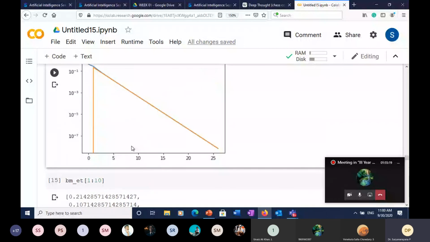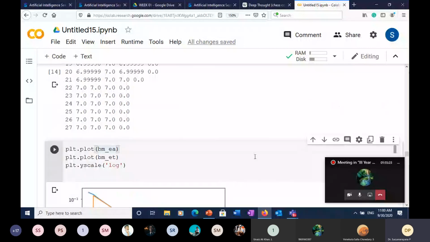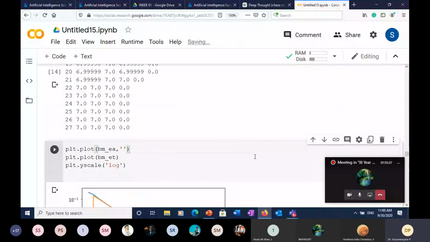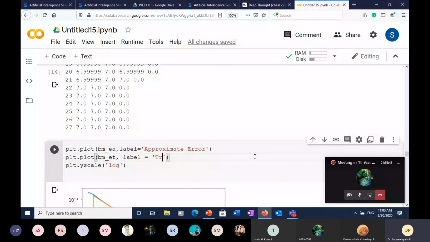Which one is this? We don't know which one is which, right? So I'll add this label equals approximate error, and here I'll say label equals true error.